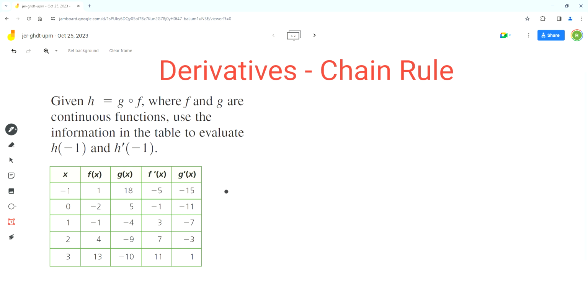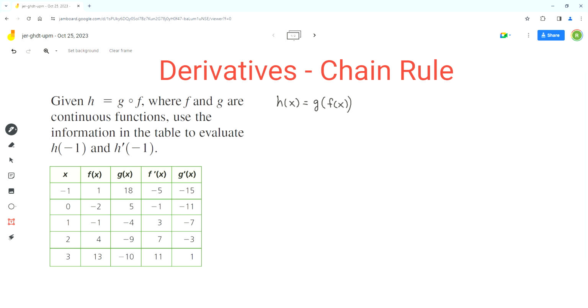So the first step here is to write this composite function h. This function h can be written in function notation as h at x equals g of f at x. So this is our first step. Now we have to find h at -1.